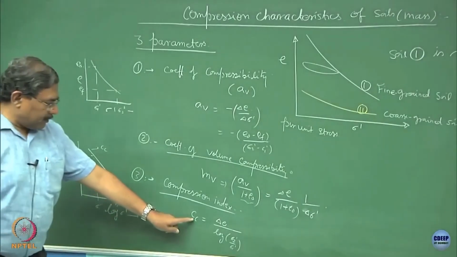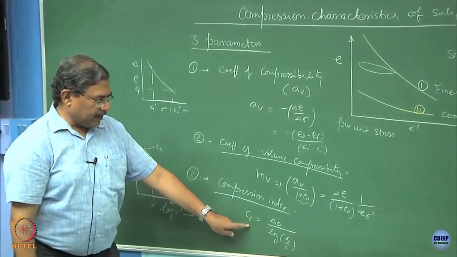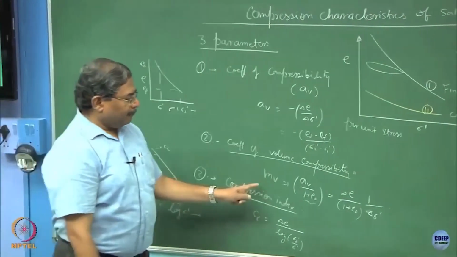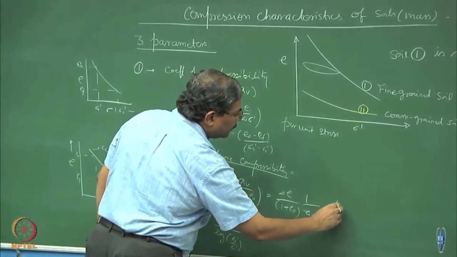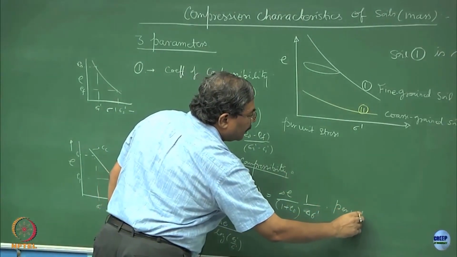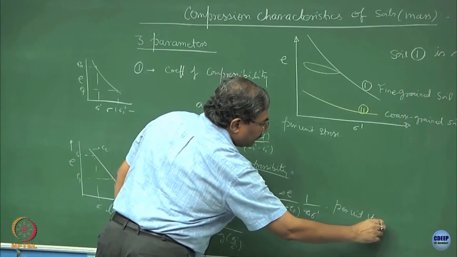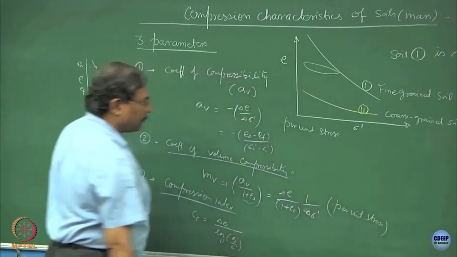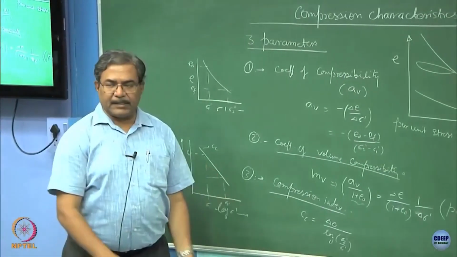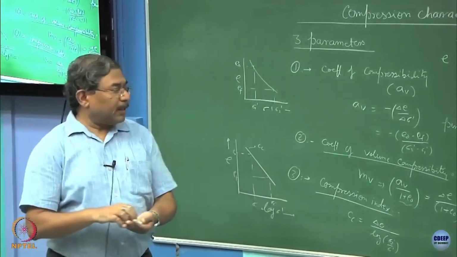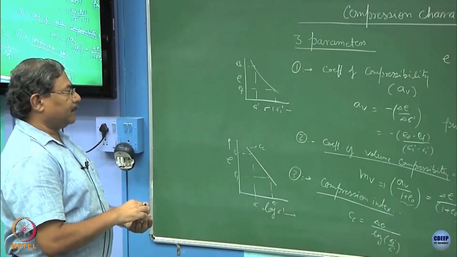So, Cc is dimensionless, mv will be again per unit stress. Cc is dimensionless. So, Cc is utilized to characterize the soils.